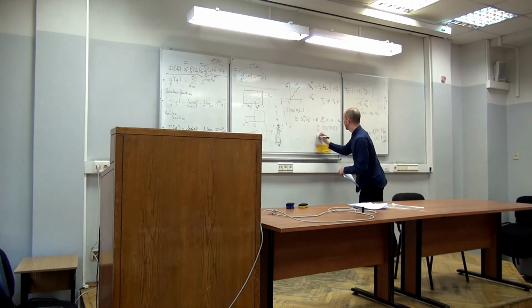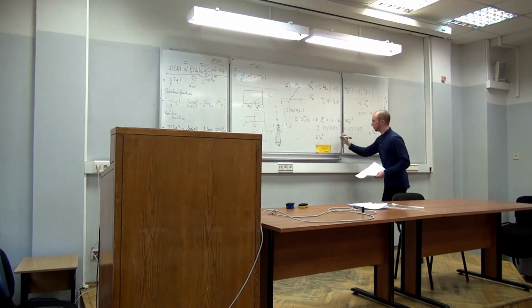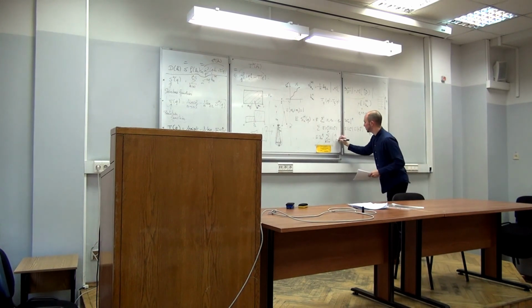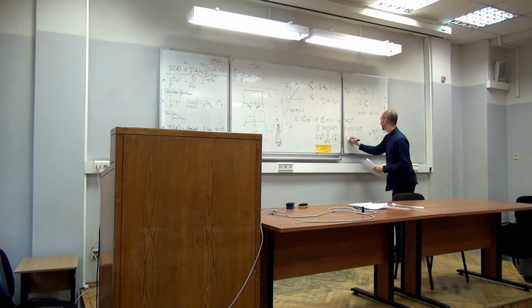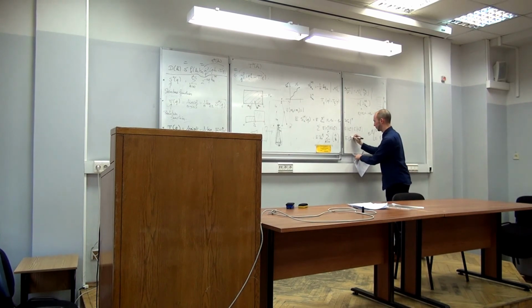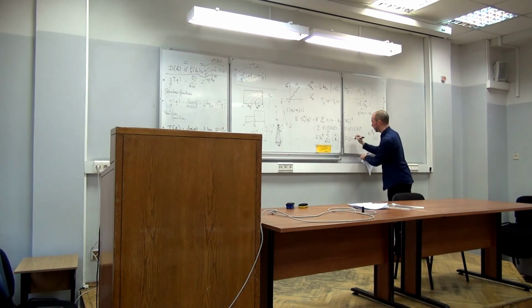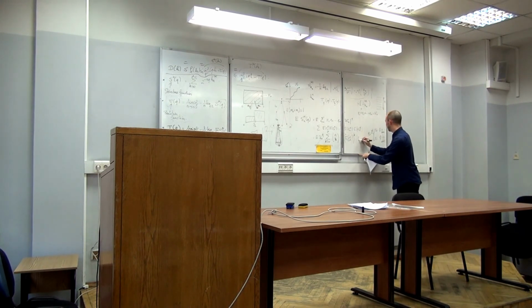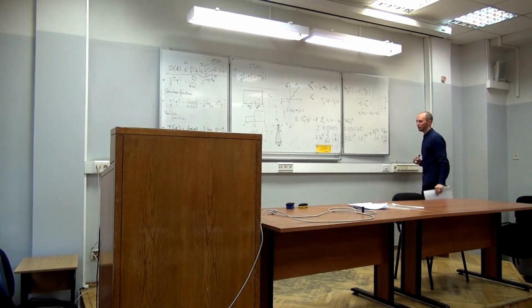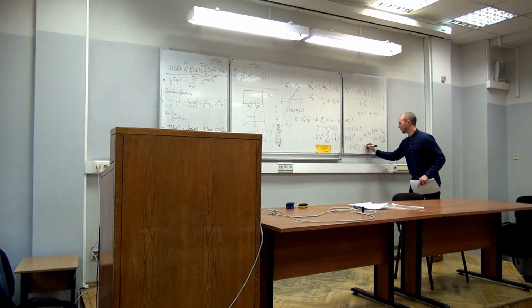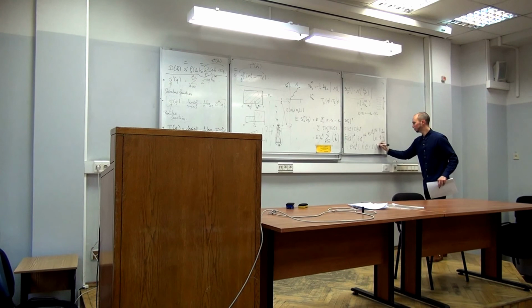So we've got the expected value of W_n to the q times the sum for k equals 0 to n of n choose k times the expected value of rho naught to the power q, everything to the power k, times the expected value of rho 1 to the power q to the power n minus k. And this, of course, is equal to the expected value of rho naught to the power q plus the expected value of rho 1 to the power q, all to the power n.